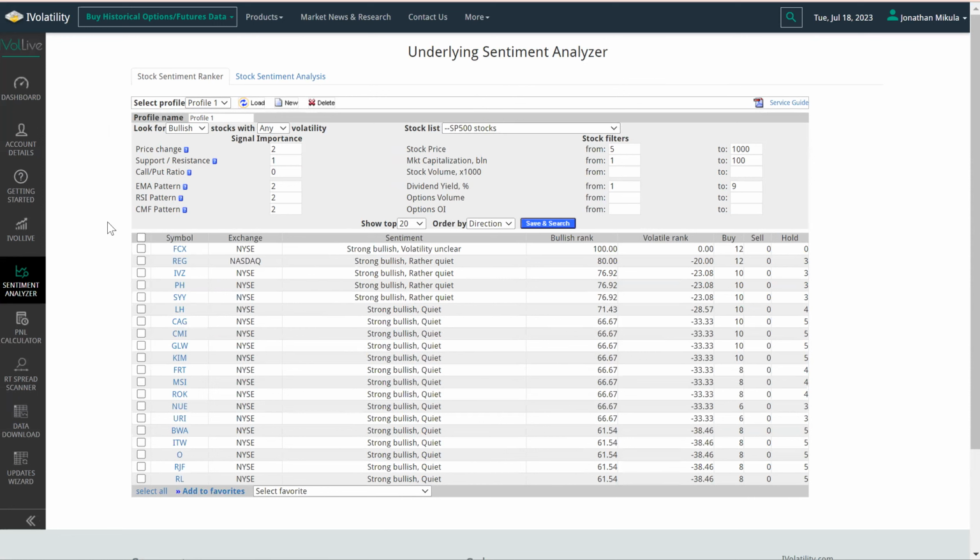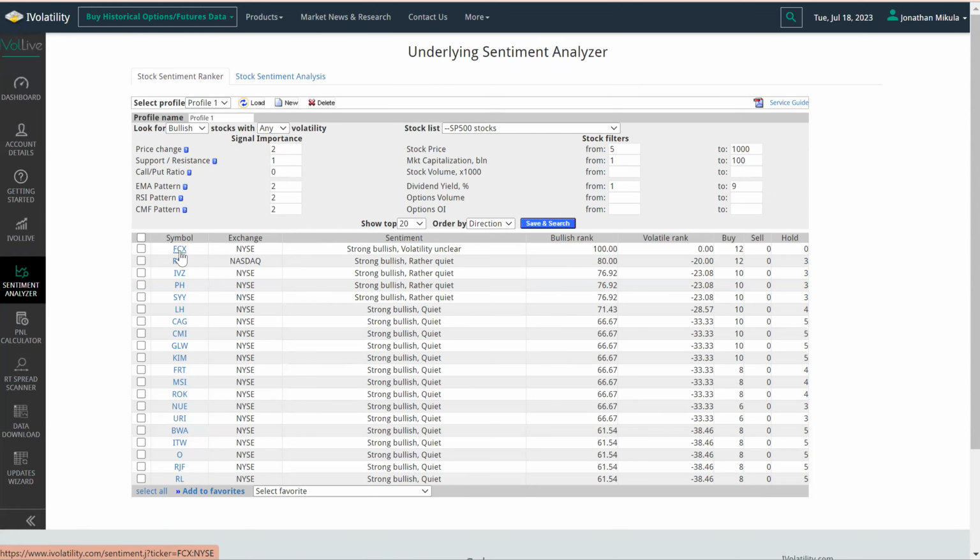And so here, if you had logged in and you had no idea what you wanted to trade, but you knew you wanted to look at things that were having a lot of different price change action, that were moderate on support resistance, that were strong on the EMA, RSI, and money flow index, just by knowing that, you could hit search and you'll get ideas, right?